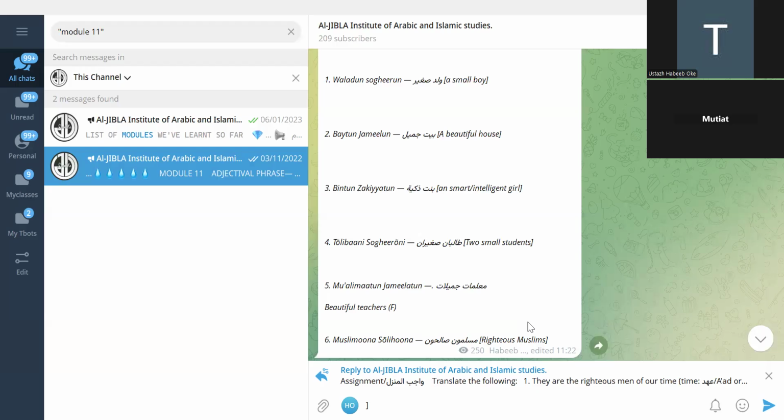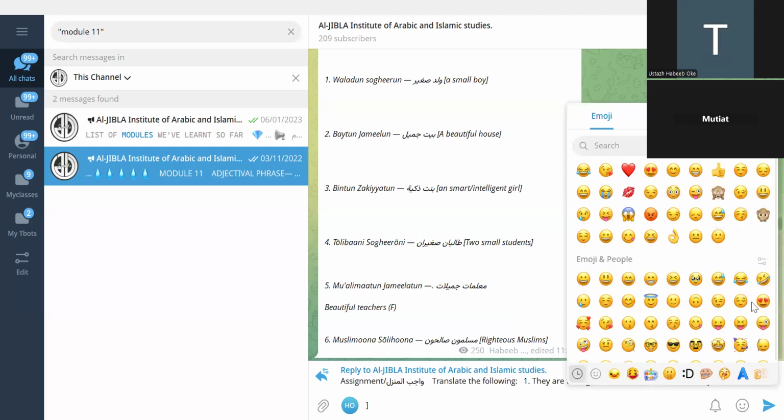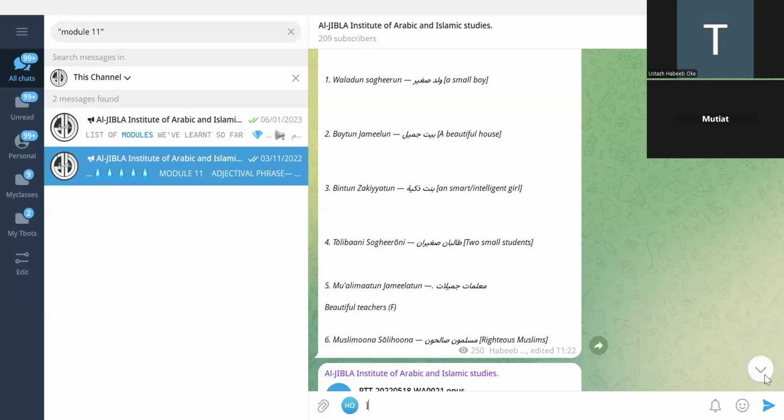Jam' salim. Barakallahu fik. So it's a jam' salim. So we have Muslimuna salihuna. So I think you understand a little bit of what the adjectival phrase, murakkab tawsifi, is like.